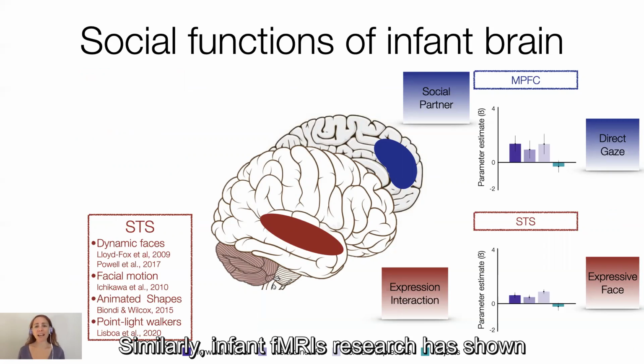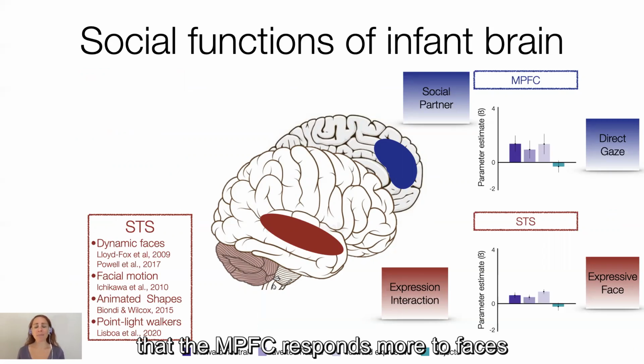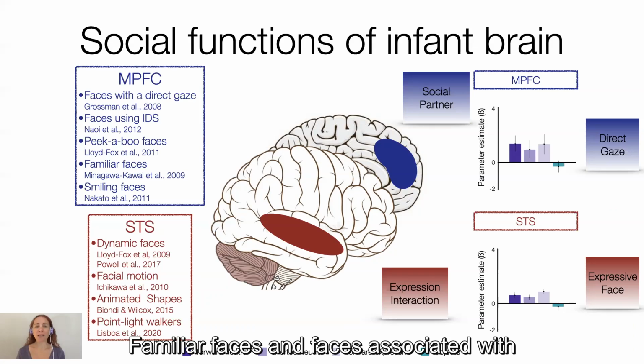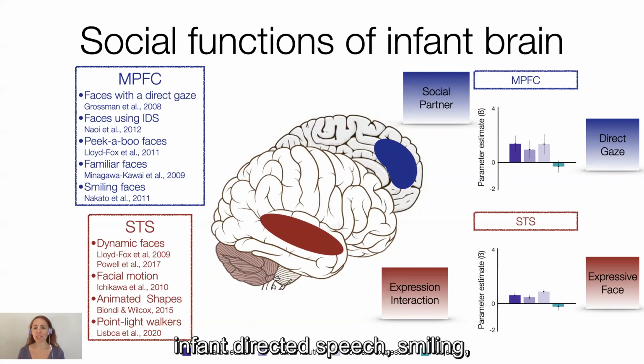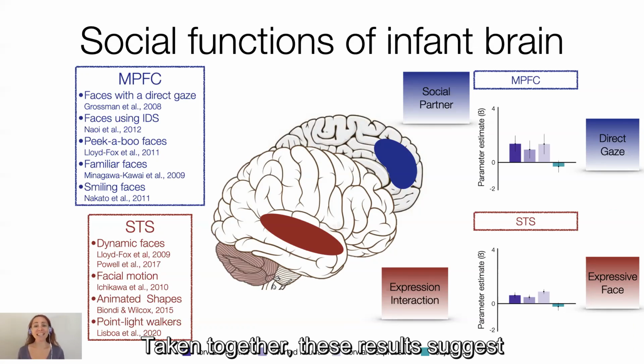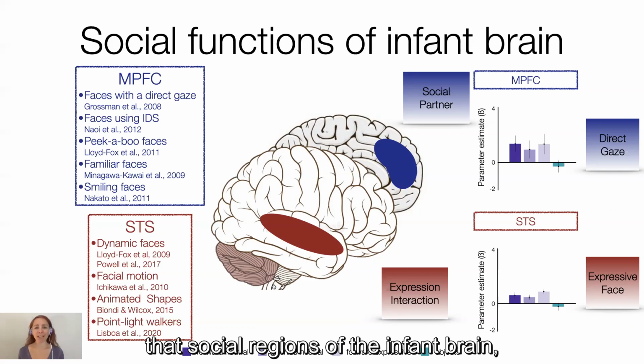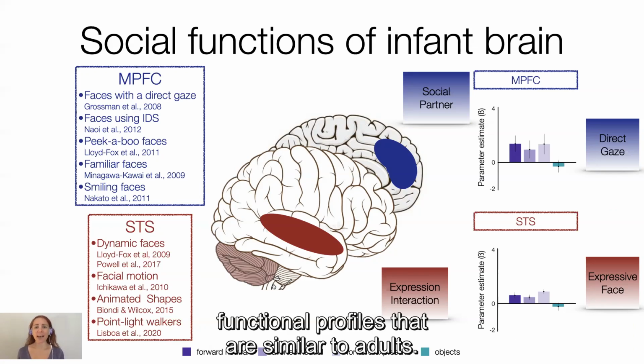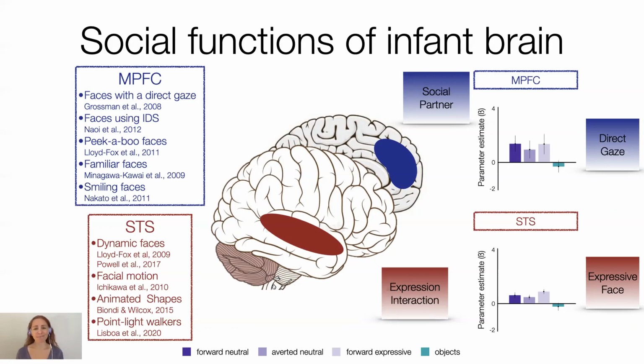Similarly, infant fNIRS research has shown that the MPFC responds more to faces with a direct gaze, familiar faces, and faces associated with infant-directed speech, smiling, or even playing peekaboo. Taken together, these results suggest that social regions of the infant brain, such as STS and MPFC, already have distinct functional profiles that are similar to adults.